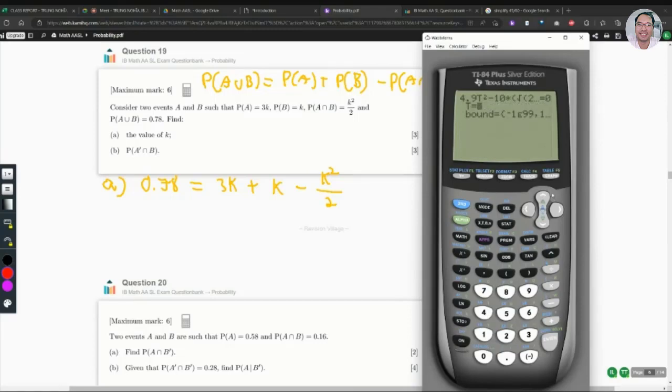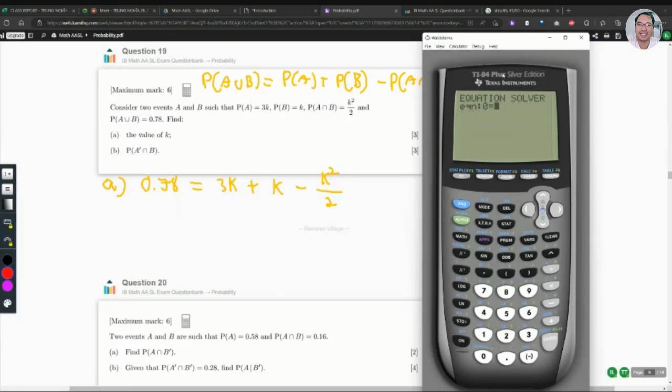I will clear the initial equation here. Second function, quick math solver. Okay, here. Clear the initial equation, and then type in this equation.